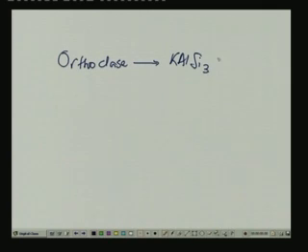So what we are saying here is that the orthoclase mineral has a chemical composition as given by this formula here. It is essentially potassium aluminosilicate, and it occurs high on Bowen's reaction series in comparison with quartz.